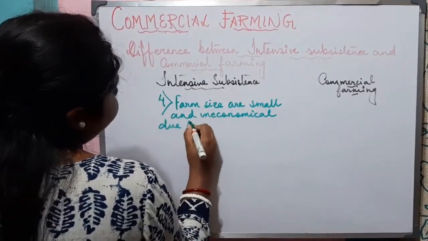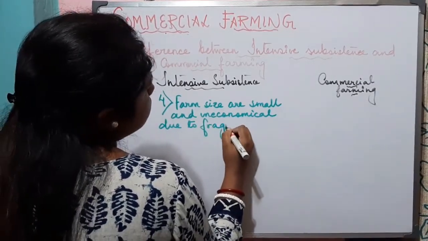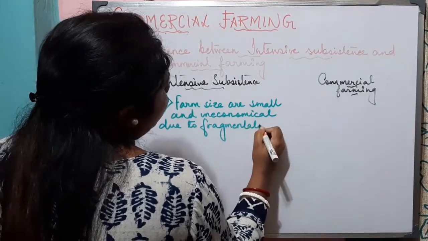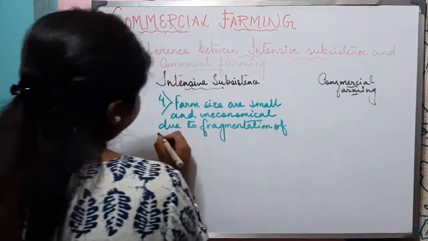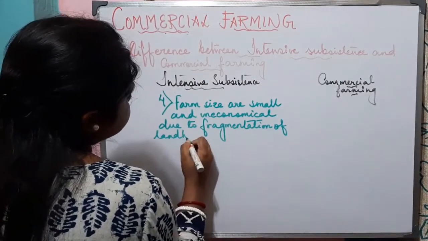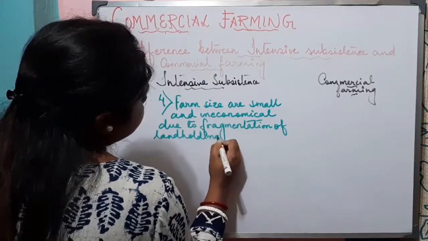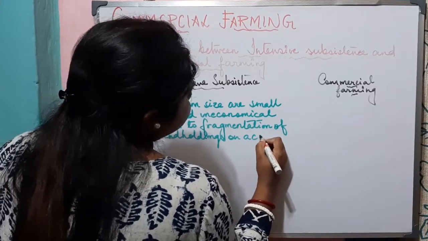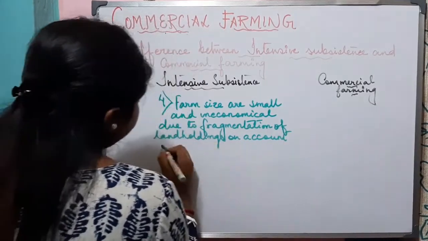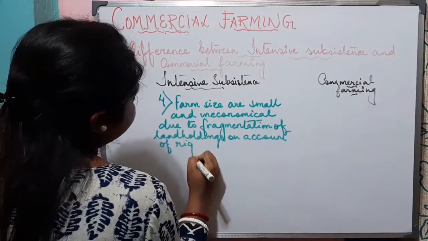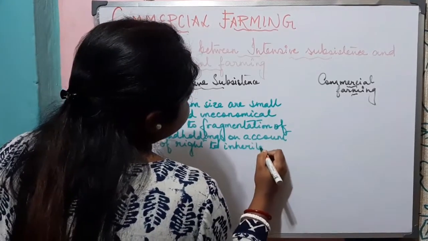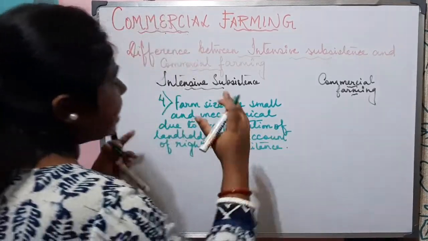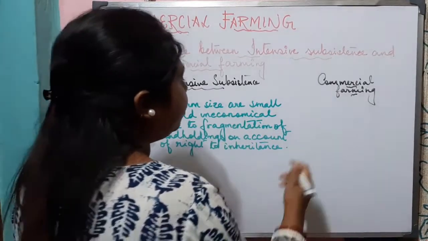Due to fragmentation of land holdings on account of right to inheritance. Because in India we have right to inheritance. So due to this, we can see that day by day the size of land holdings is becoming smaller.